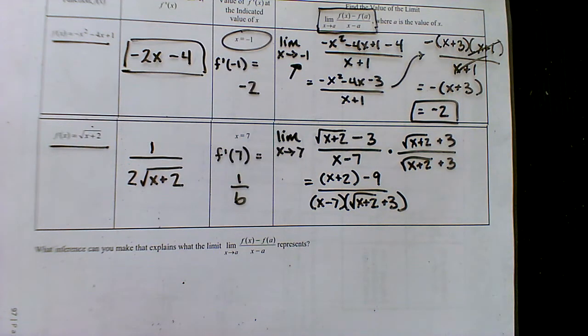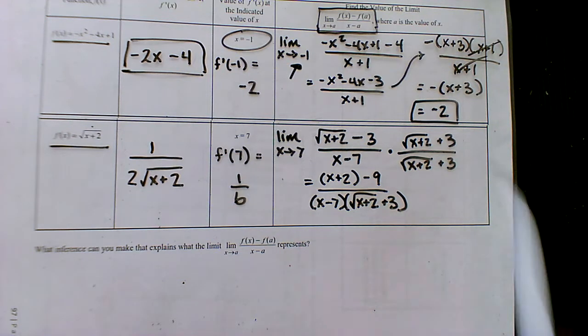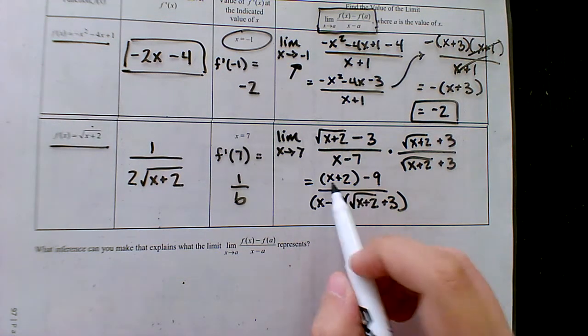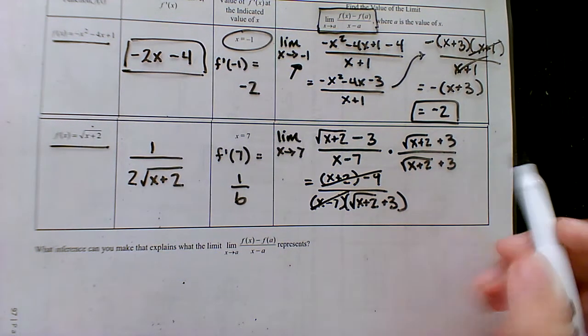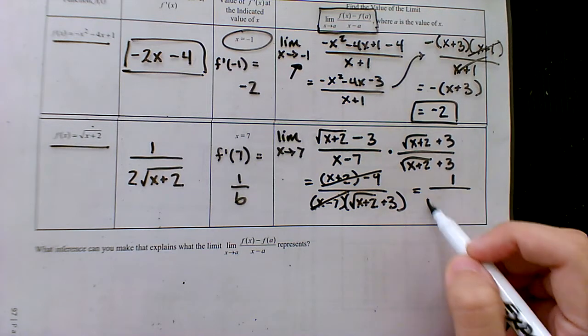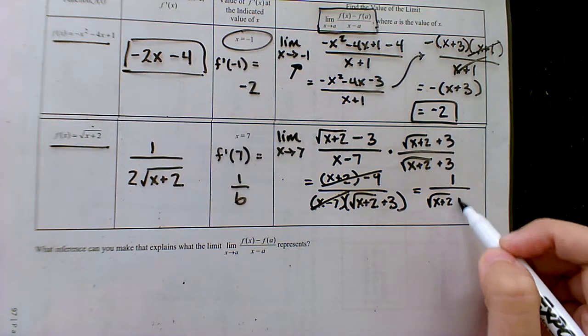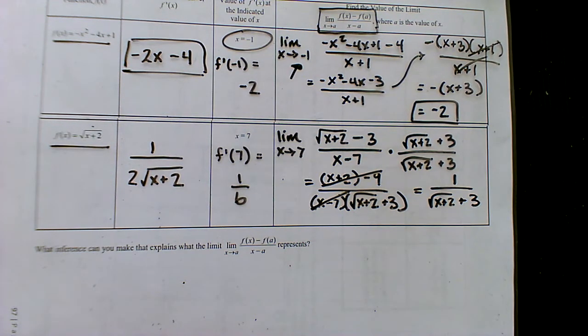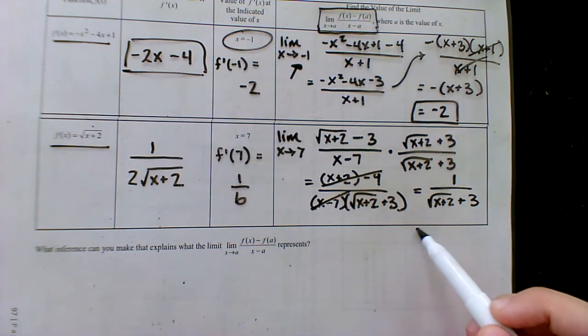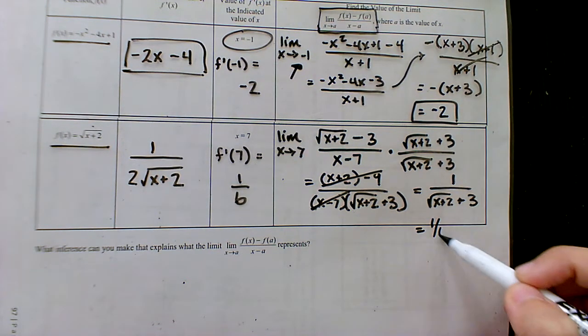What's going to happen? Yep, if you simplify the top, you get x minus 7, so that would cancel with the bottom. 1 over that conjugate that we wrote. So now if we plug in 7 for x, we'll get 1/6.